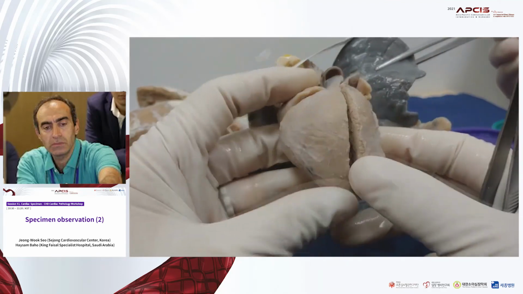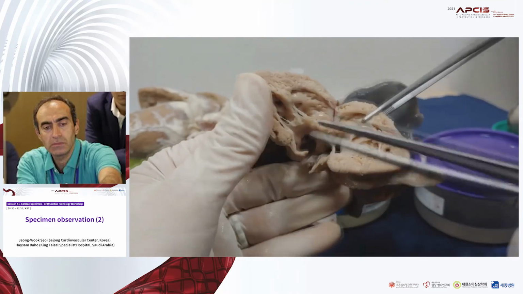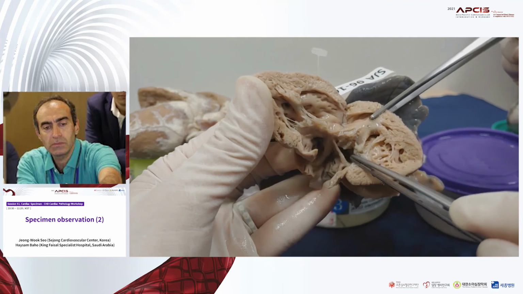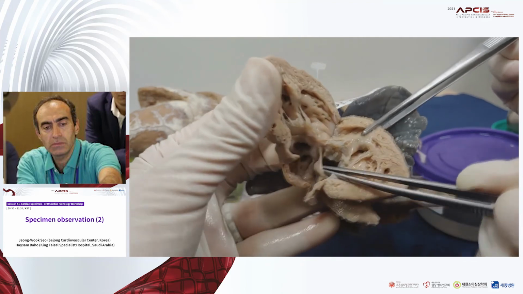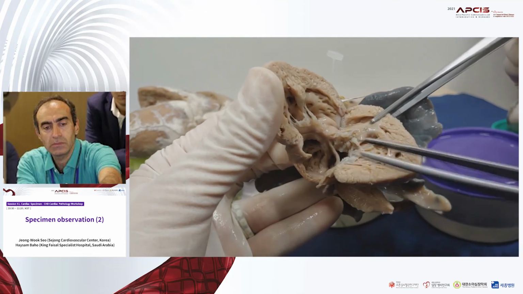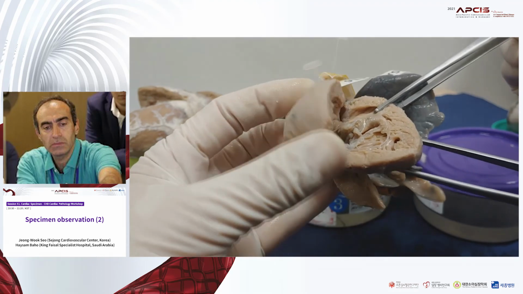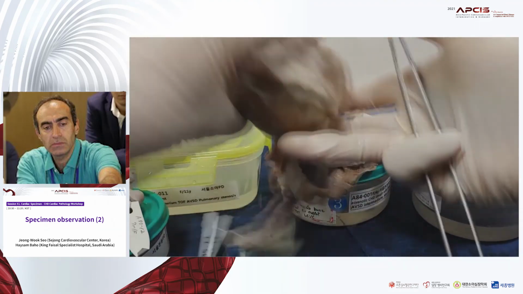If we open this heart out, we can see internally this large right ventricle and the common AV valve, mostly committed to that large right ventricle. And we can see the small hypoplastic left ventricle on the other side. So this is an unbalanced AV canal of the right ventricular dominant type.